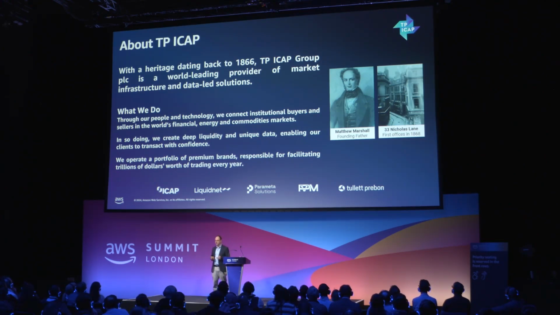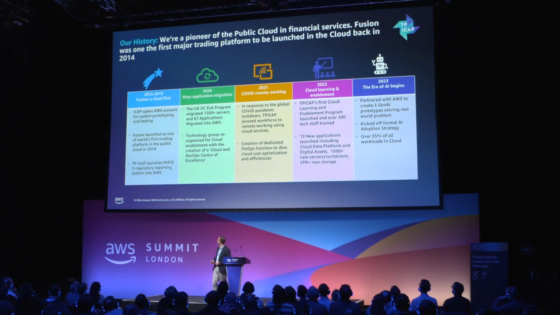And essentially what we do is we help to connect institutional buyers and sellers across the world's financial, commodity, and energy markets. Across the various brands and the technology platforms that we operate, we help to facilitate trading of trillions of dollars a year, and we play a pivotal part in the financial markets.